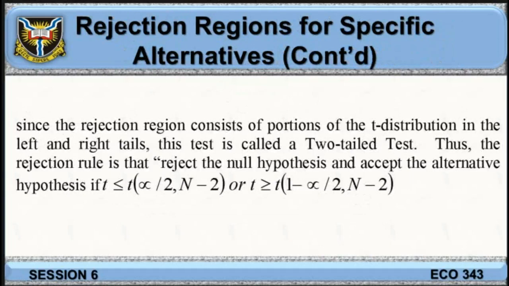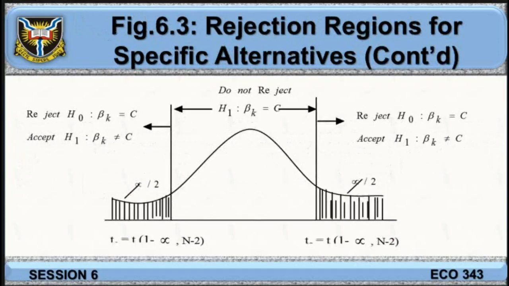Reject the null hypothesis H0 such that beta x is equal to C in favor of the alternative H1 such that beta x is not equal to C if the test statistic t is less than or equal to t(alpha over 2, N minus 2), or t is greater than or equal to t(1 minus alpha over 2, N minus 2).